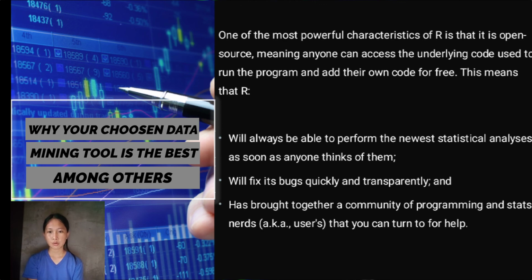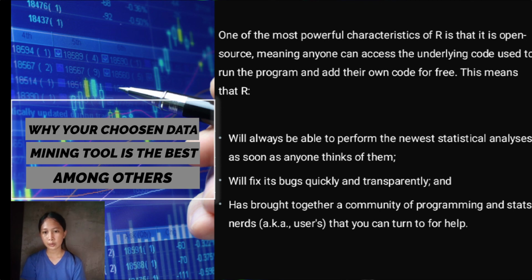One of the most powerful characteristics of R programming is that it is open source, meaning anyone can access the underlying code used to run the program and add their own code for free. This means that R will always be able to perform the newest statistical analysis as soon as anyone thinks of them.